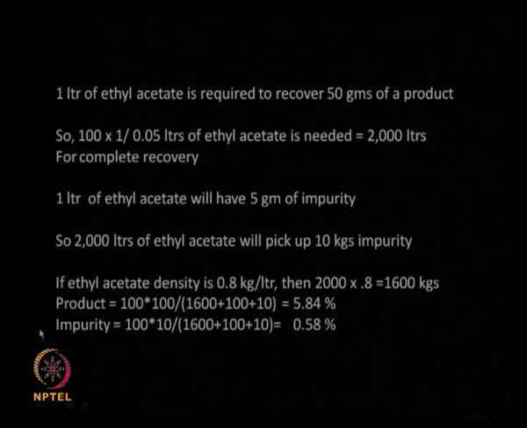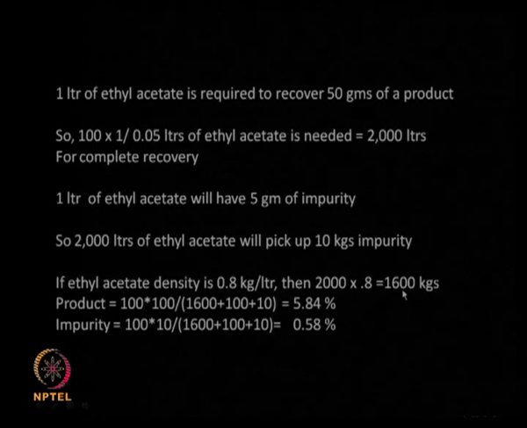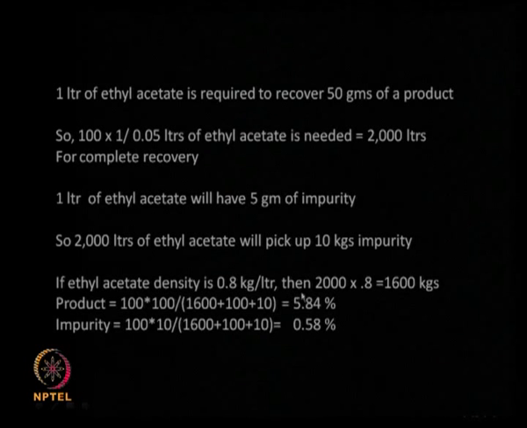So what is the percentage if I calculate product? If you take ethyl acetate density as 0.8 kg per liter, then 2000 liters will give me 2000 times 0.8, which is 1600 kg, okay. So 100 divided by 1600 plus 100 kg of product plus 10 kg of impurity, multiplied by 100, you get 5.84%.